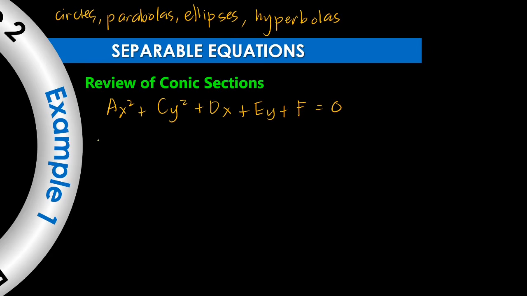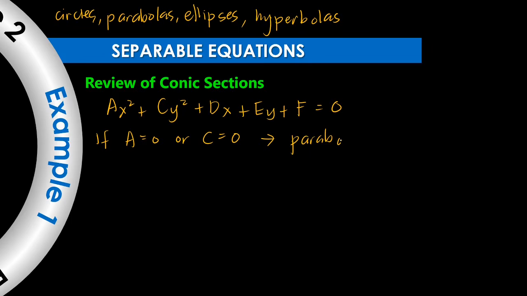First, if a equals 0, or possibly if c is equal to 0, this means that if a is 0, then we only have y squared. Or if c equals 0, then we only have the term x squared. In other words, kapag isa lang ang nakasquare, it's either x squared or y squared, so we have a parabola.